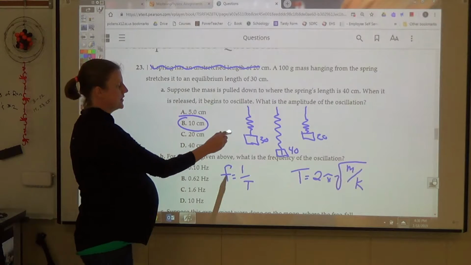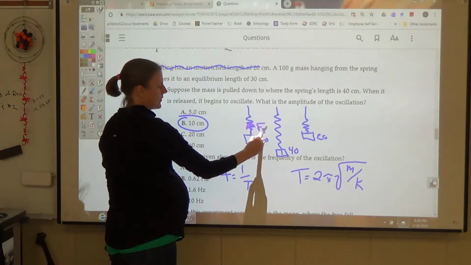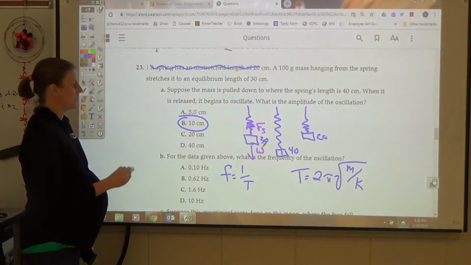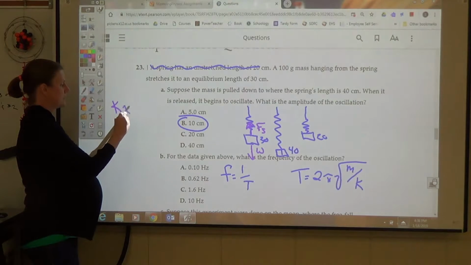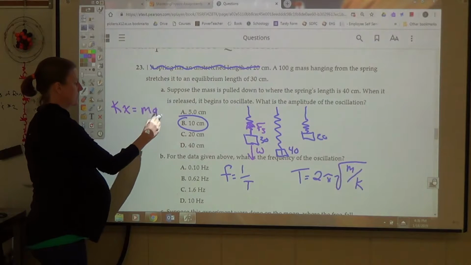If I know that it is at equilibrium here, I know that the spring force up equals the weight down. And spring force is Hooke's law, kx, and weight is, of course, mg.